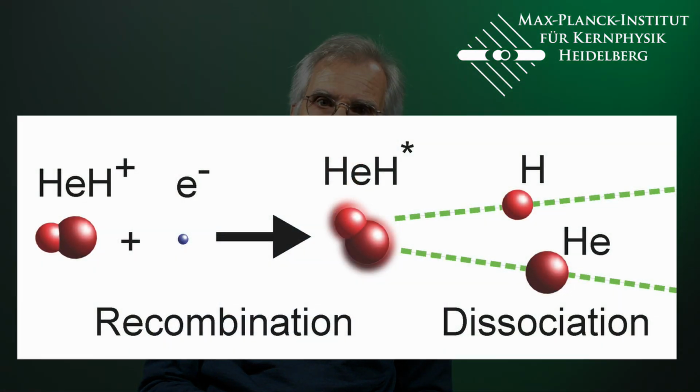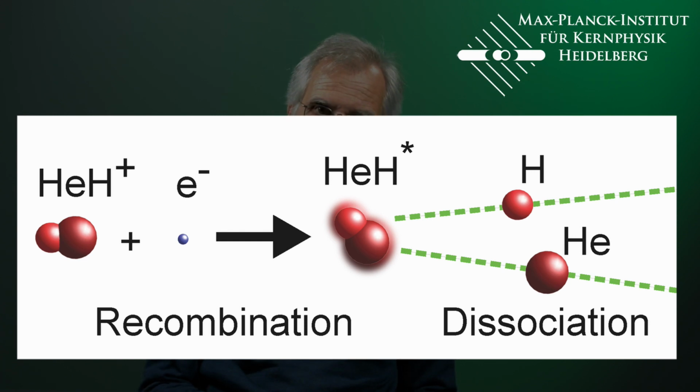One needs to know not only how the HeH+ molecules are formed, but also how they are destroyed. Since they are electrically charged, they are very vulnerable and can easily be destroyed by colliding with the electrons that are around in the cosmic gas.